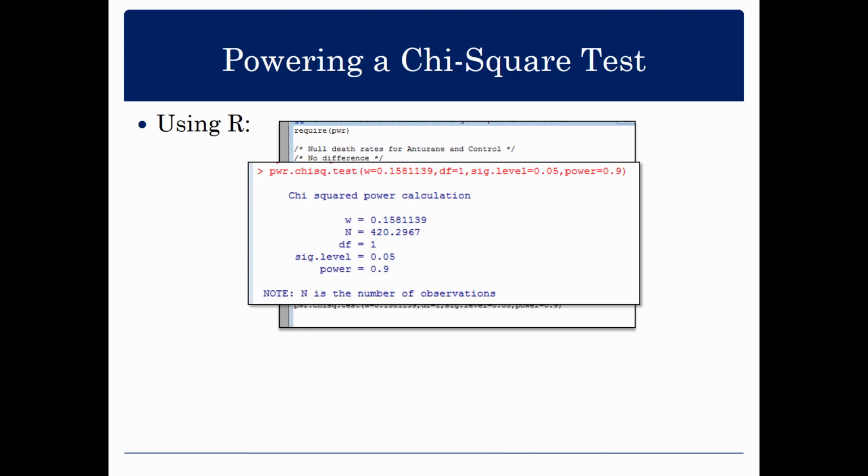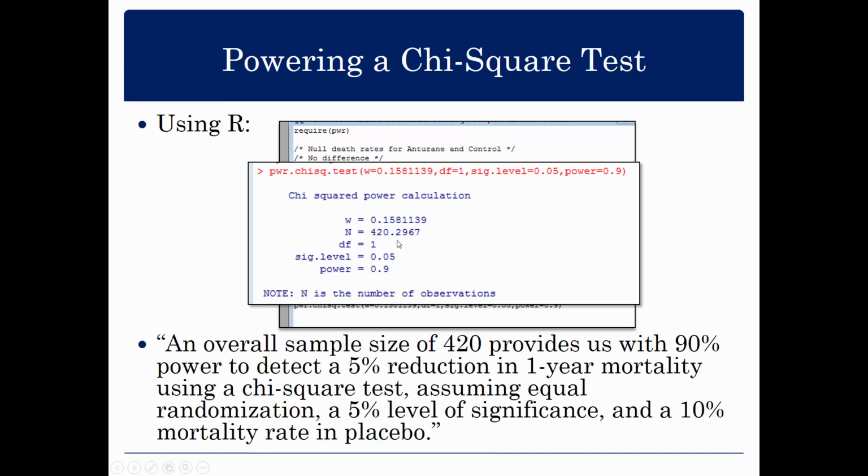So if you anticipate you're going to lose 10% of the study subjects before a year, in other words, you don't think you'll be able to record their survival, then you would want to over-enroll to make sure that you achieve at least 421.